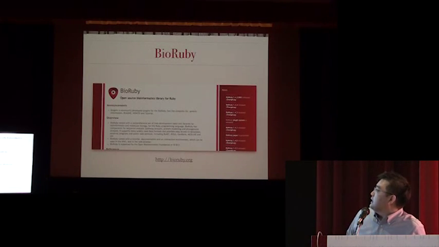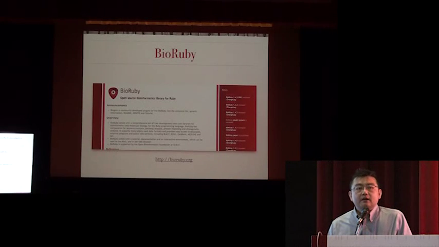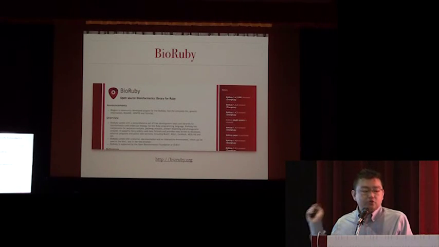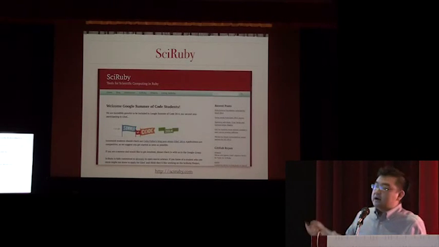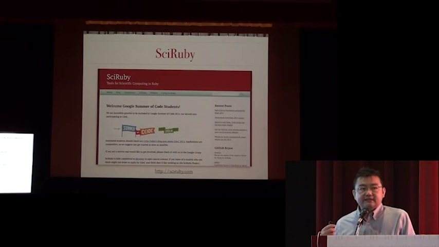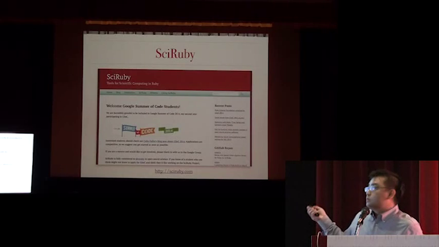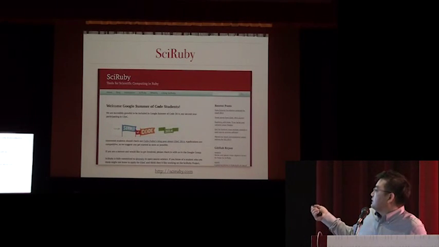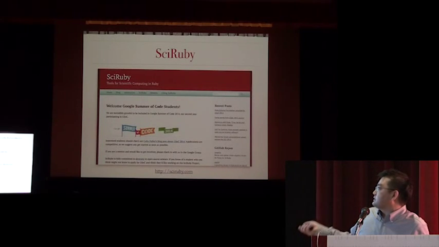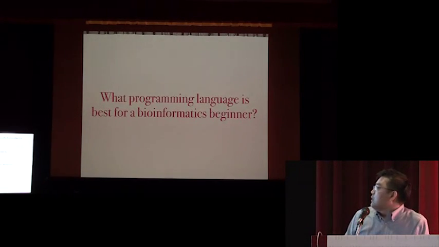And there, the most important Ruby gem is called BioRuby. Many gems are based on this BioRuby gem. The other important basic gem is called SciRuby. It's a scientific computing tool. Okay.